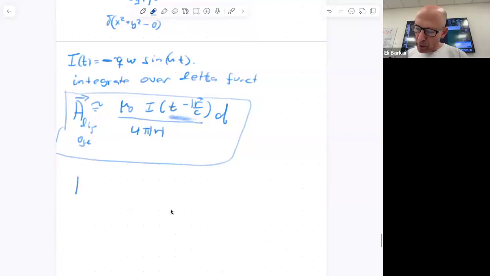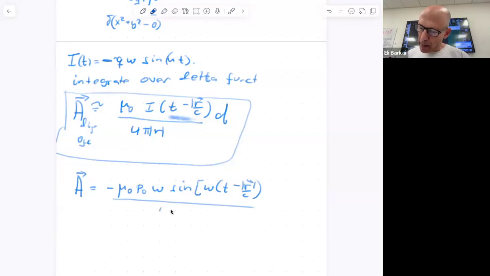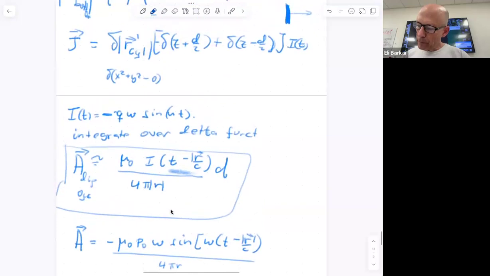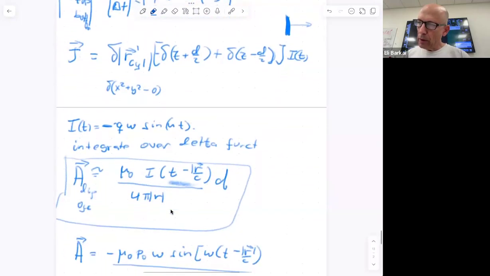So I can write this A for our specific model as minus mu0 p0 omega sine omega t minus R over c, divided by 4 pi R. Oh, I forgot to write.